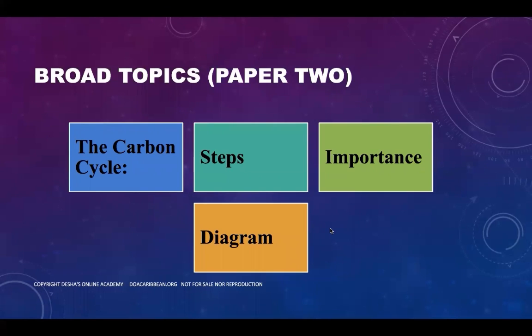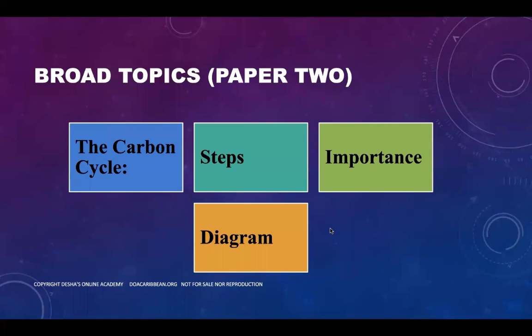We know that trees are very important in the carbon cycle. Remember, we said that it is the plants, the trees, that pull carbon from the atmosphere during the process of photosynthesis. But what happens when we cut down the trees?